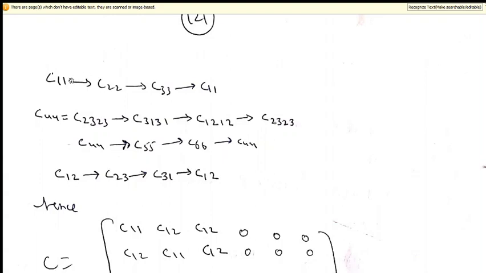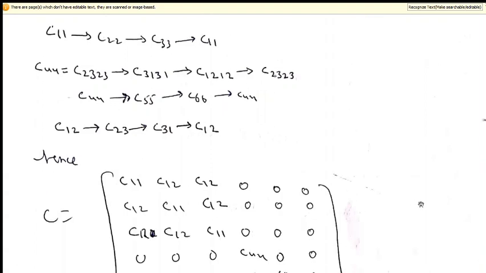So these three are same, C11, C22 and C33. So C11 equal to C22, C22 equal to C33, and C33 equal to C11. So in the final form we will write this C11, C11 and C11. Now the other three diagonal components.